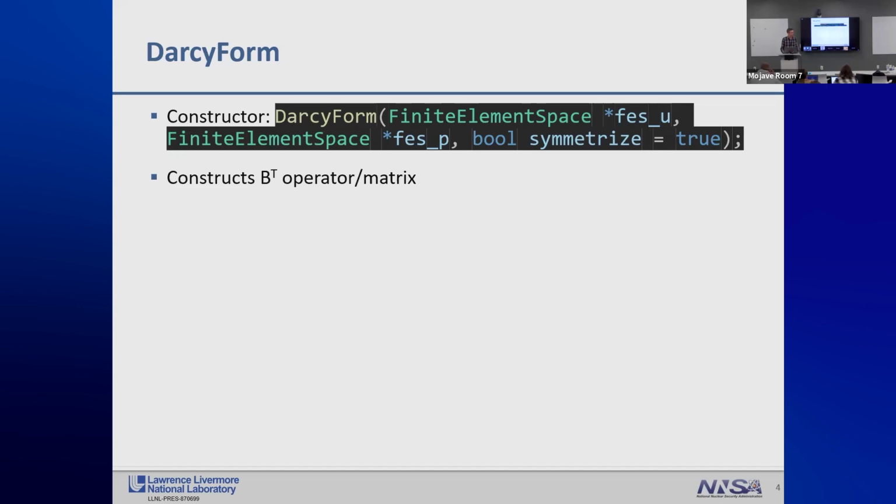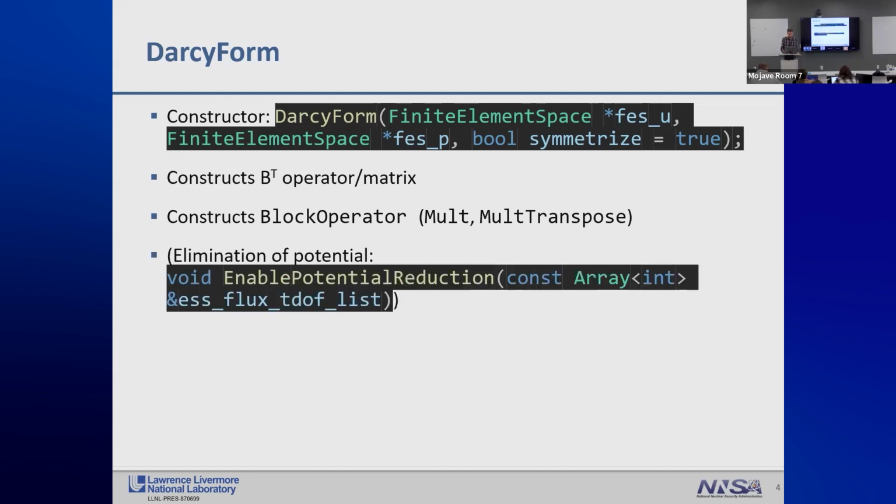And what it does for us, it constructs the transpose operator matrix. It also constructs the block operator, which you may then use for multiplication. Usually it can also do elimination of the potentials if that's possible.